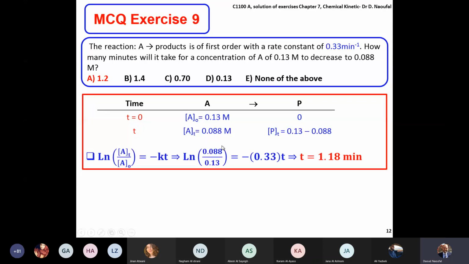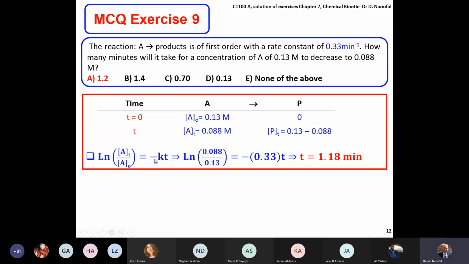The reaction is of first order, so we apply the integrated rate law: ln At divided by A0 equals minus Kt. This relation can be applied at any time you choose in the reaction, at time t, at time t prime, at time t1 or t2. It depends on the time chosen. I use the time t.